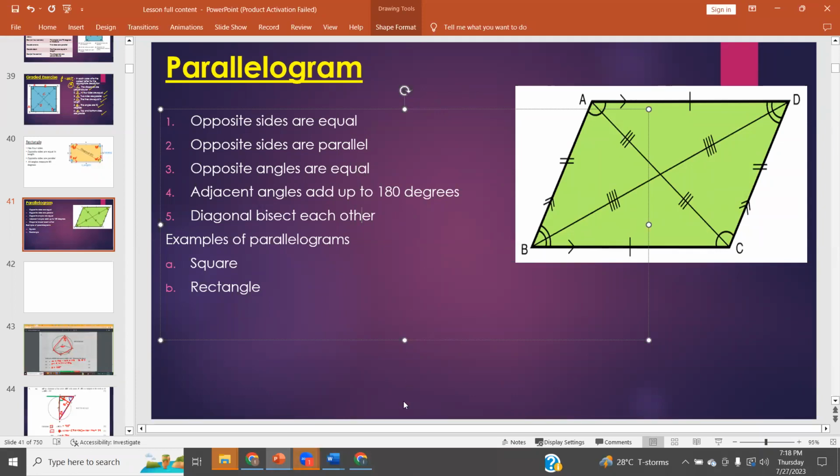We just saw that. Same thing for the square, right? So those are examples of parallelograms. There's also a rhombus, even though we haven't looked at it as yet. A rhombus is also a parallelogram.